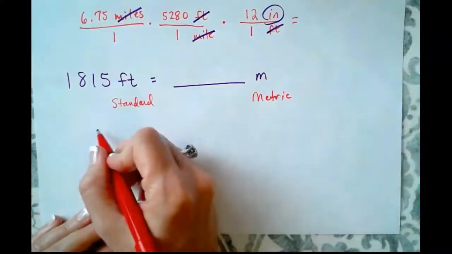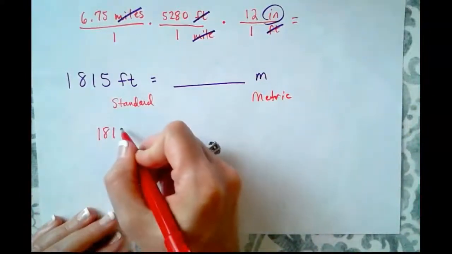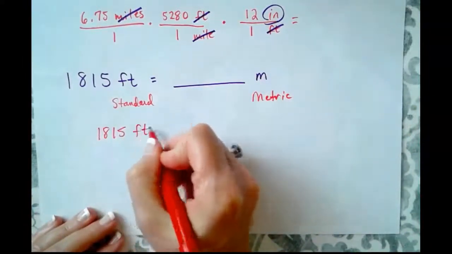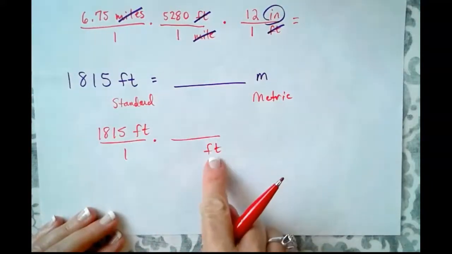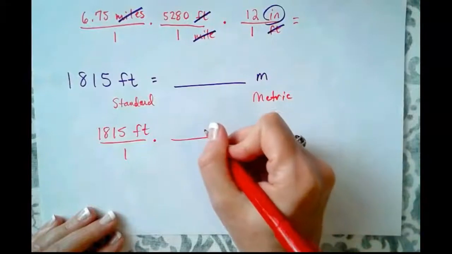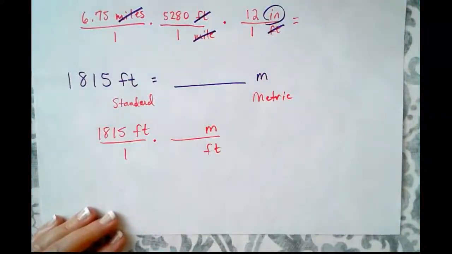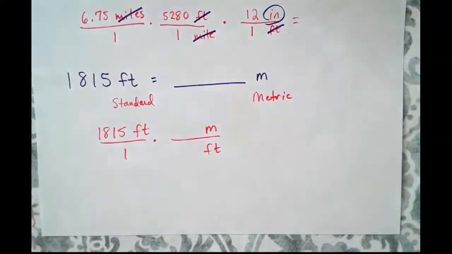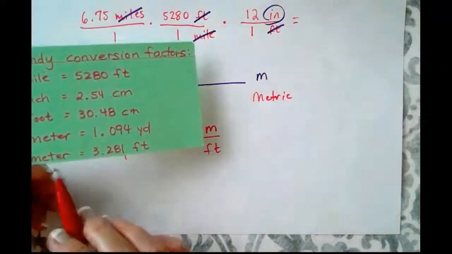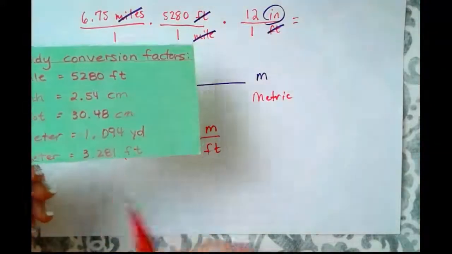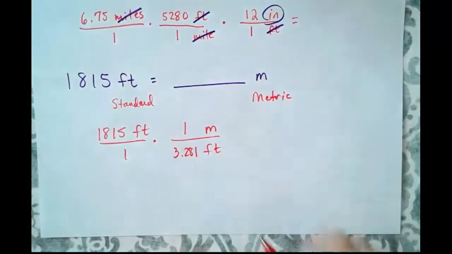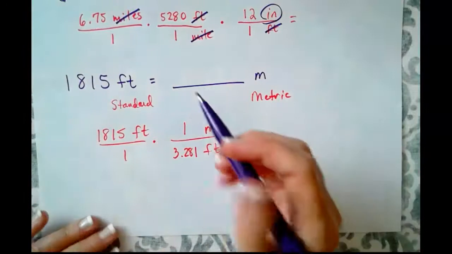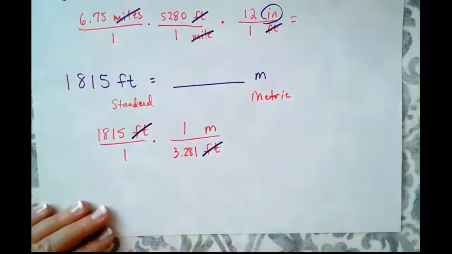So what are we given? 1,815 feet. I want feet to cancel, so feet goes on the bottom. What do I want to keep? Meters. Meters goes on the top. So my conversion factor, 1 meter equals 3.281 feet. 1 meter is the same as 3.281 feet. I'm set up now for my feet to cancel.